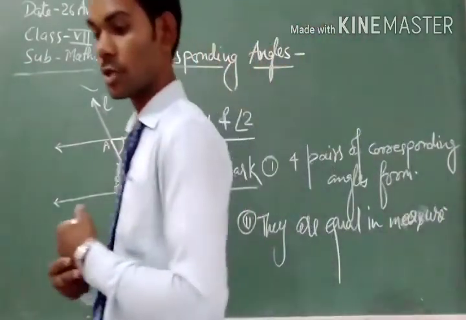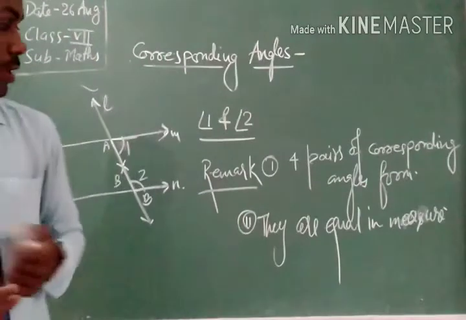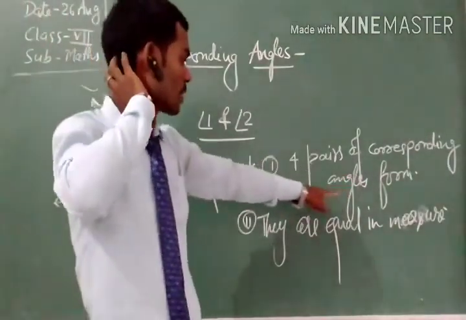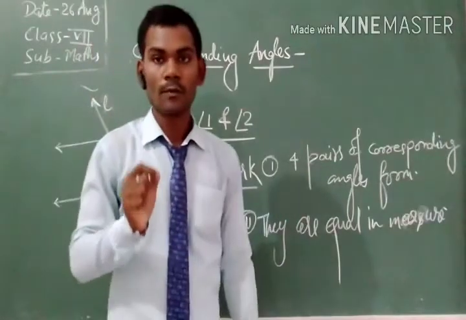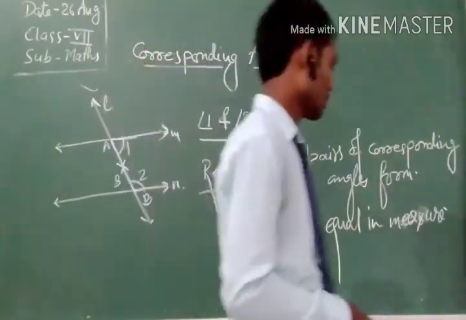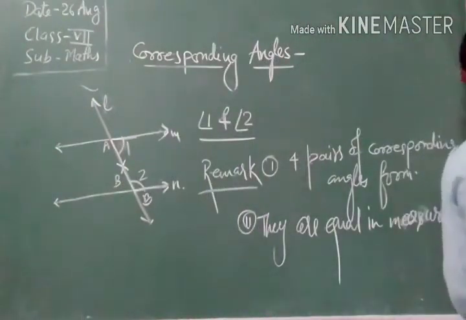Here we have to verify four pairs of corresponding angles formed when a transversal cuts two given lines. So let us see how it is possible.